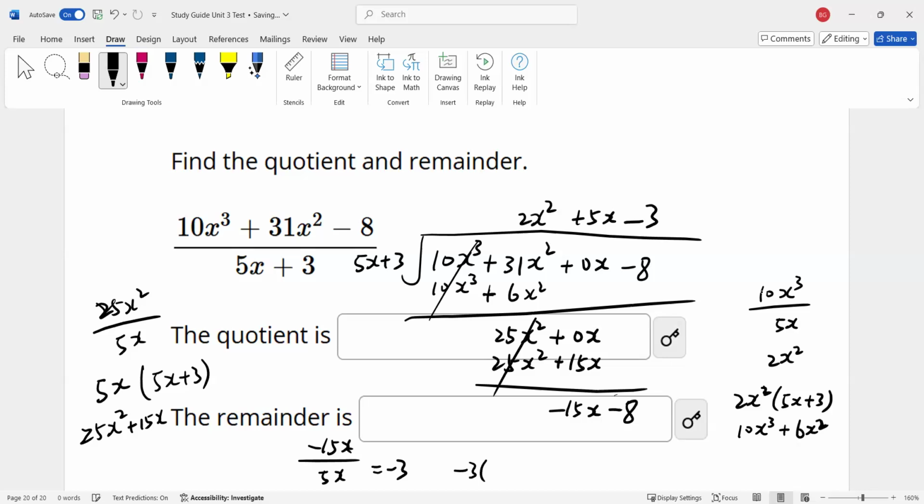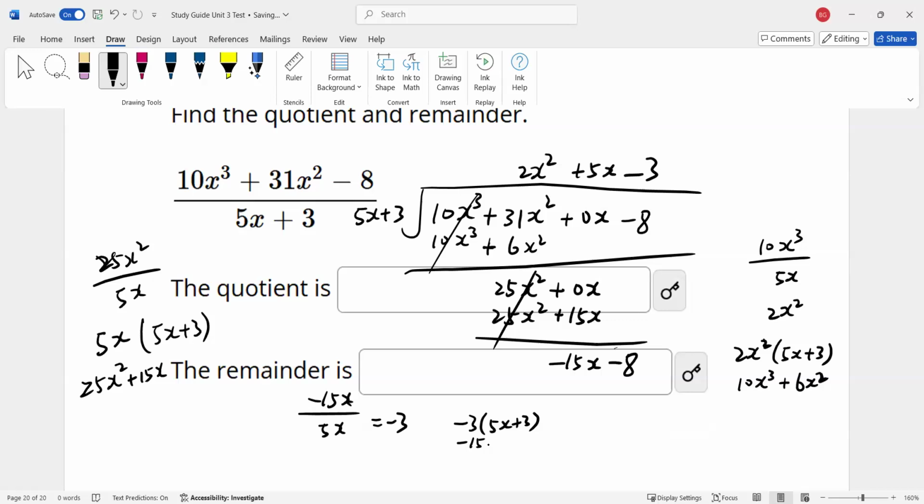And then multiply negative 3 by the divisor 5x plus 3. Distribute, we have negative 15x minus 9. So we're going to put a negative 15x minus 9 here.